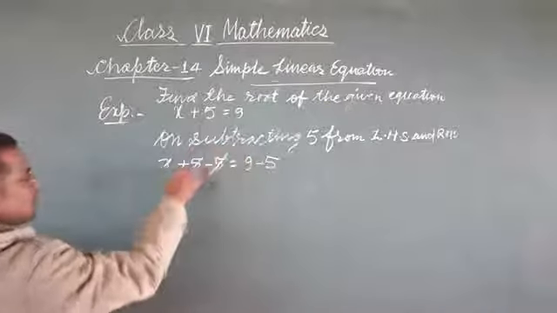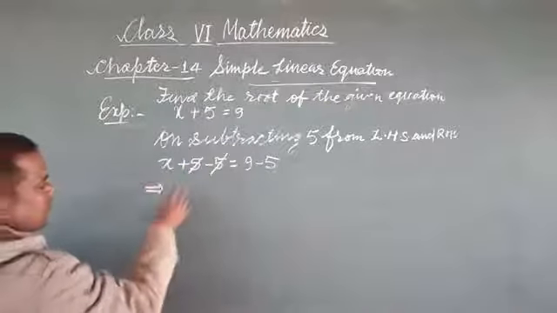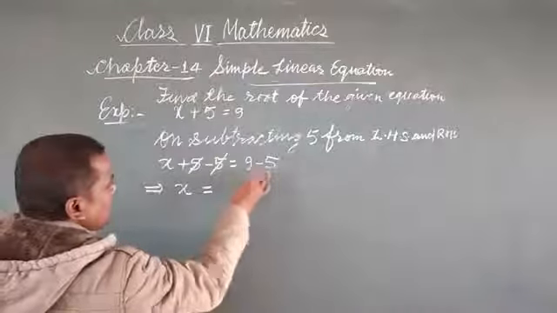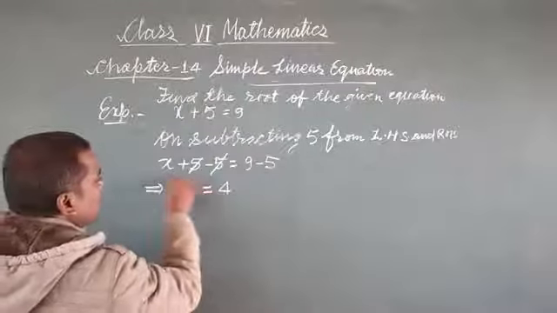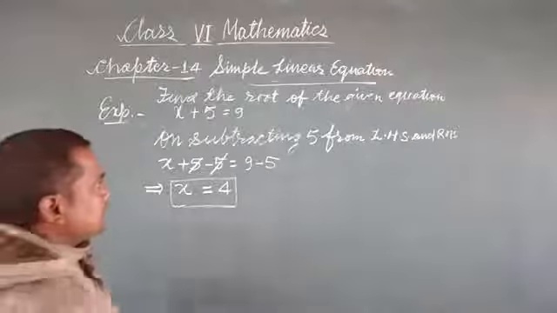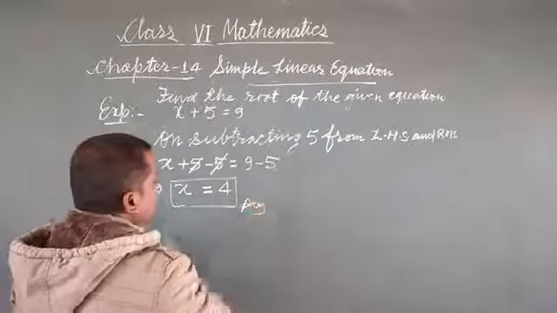Now plus 5 minus 5 cancel. So the next step we write x is equal to 9 minus 5, 4. And this is the required solution of the equation. Okay.